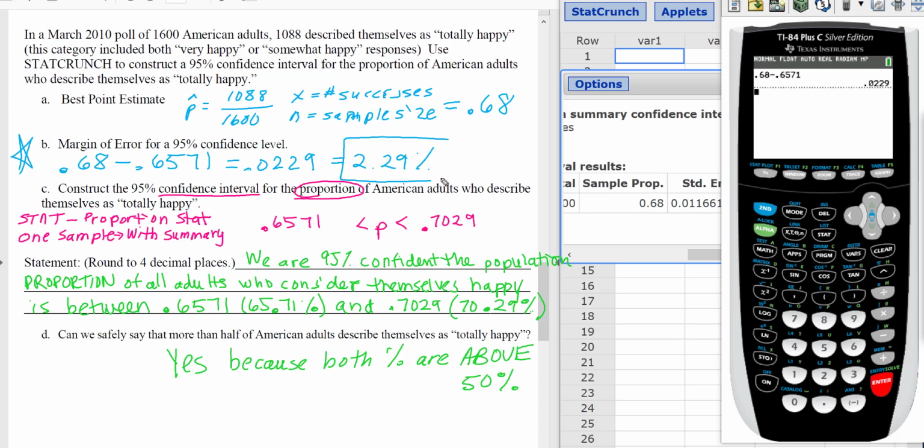So think about it. If I were to take the 68% and add 2.29%, I would get the 70.29, and if I would subtract 2.29, I get the 65.71%. So again, in this type of problem, you're going to have to go backwards through the problem. If you want to look through the notes and see how to use the formulas, you can.